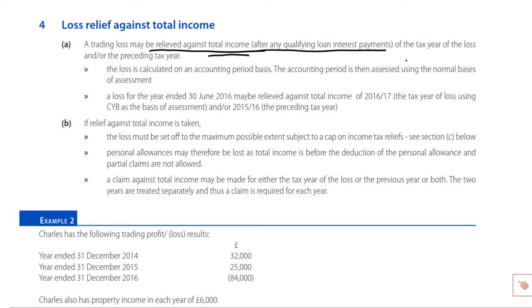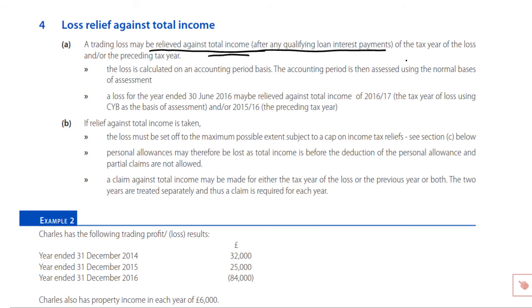The one we've just seen against trading income, and then those that are most likely to be applied against total income. If you had both a loss relief and a qualifying loan interest payment, then the loss relief applies after any qualifying loan interest payment. But that will be a tricky little problem there.